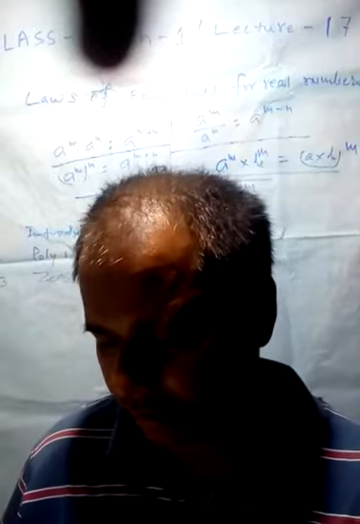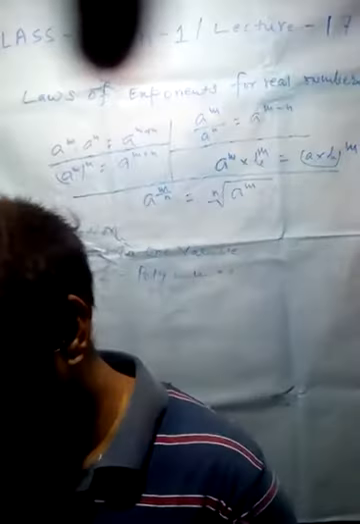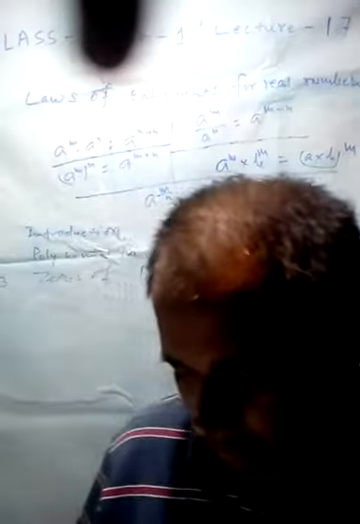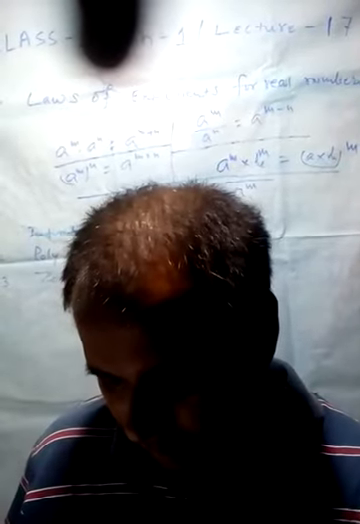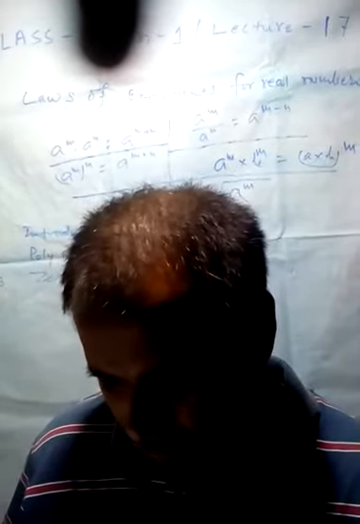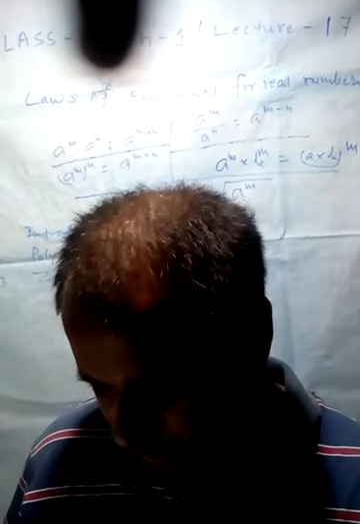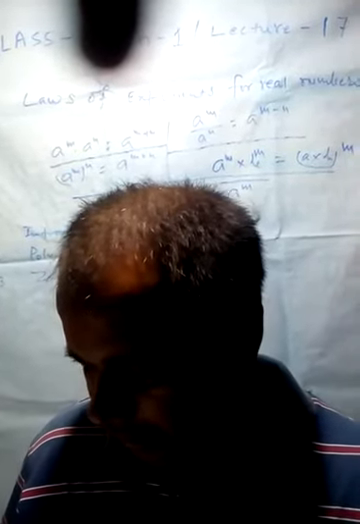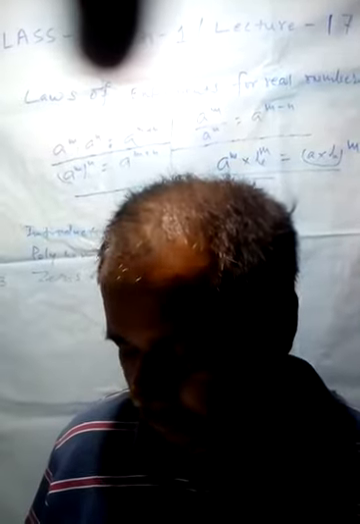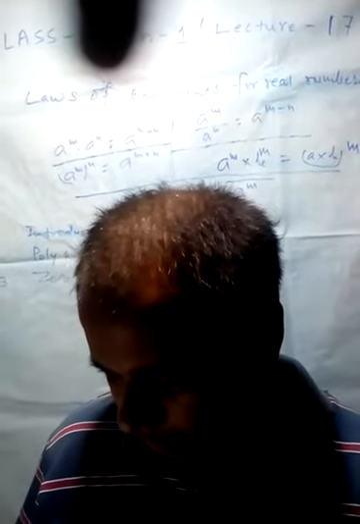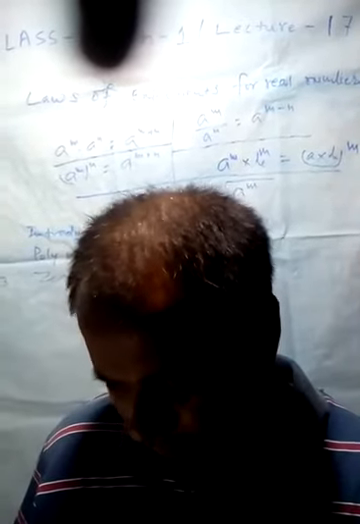Example 21. Simplify 2 to the power 2 by 3 into 2 to the power 1 by 3. The answer will be 2 to the power (2 by 3 plus 1 by 3), that is 3 by 3, which is equal to 2. Second, (3 to the power 1 by 5) as a whole to the power 4 is 3 to the power 4 by 5.